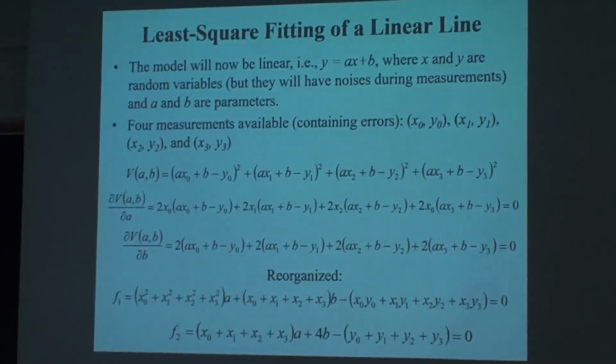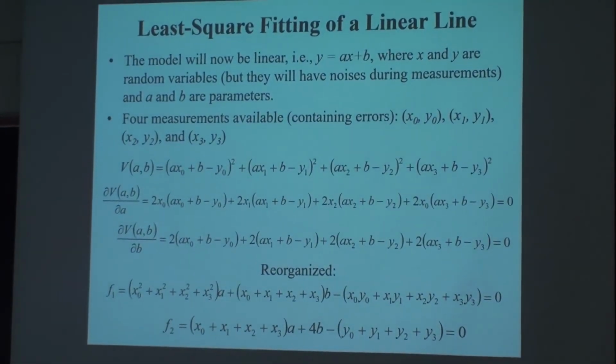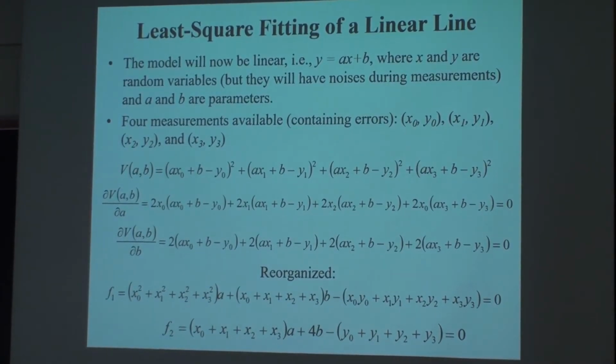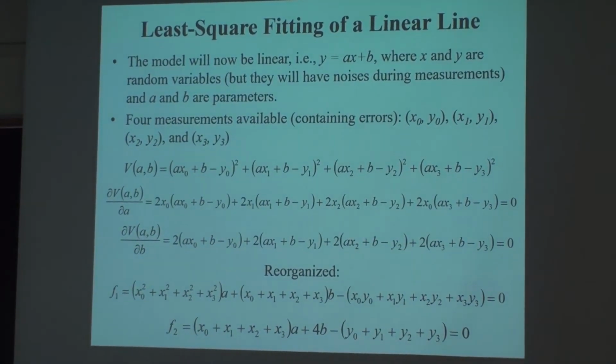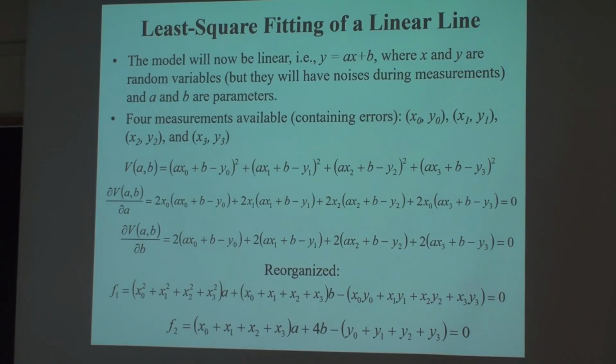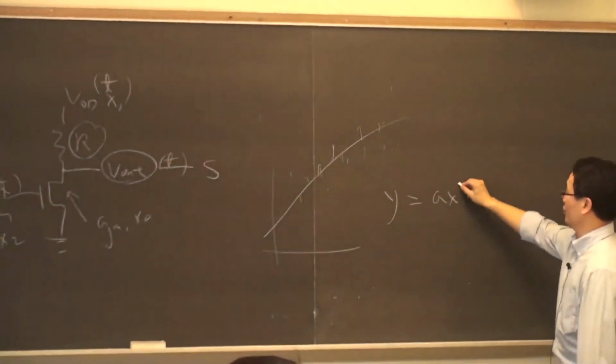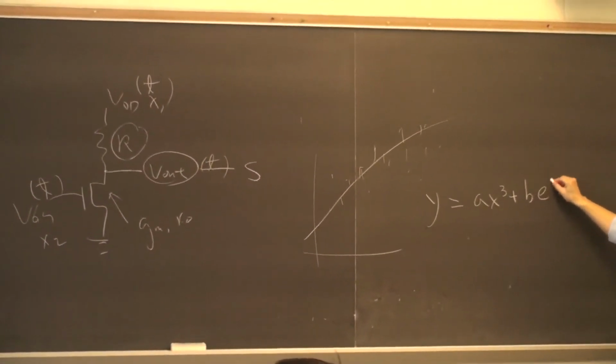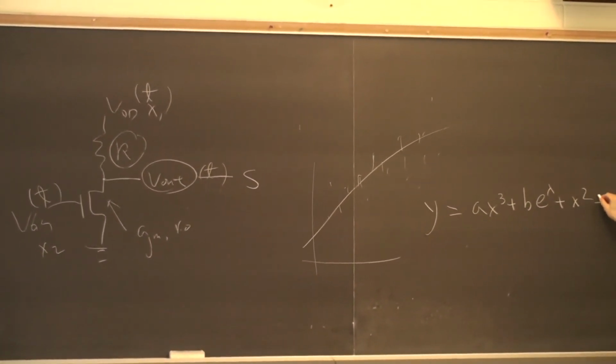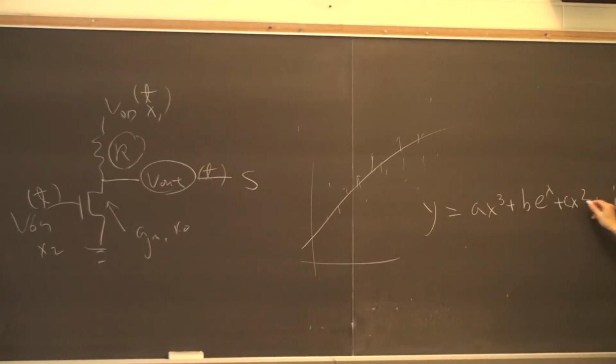Is there any restriction on how our original function should be? What if it's super nonlinear? Sure, then it will not be this simple. Your model cannot be this. Say your model is ax cubed plus bx squared plus cx plus d.